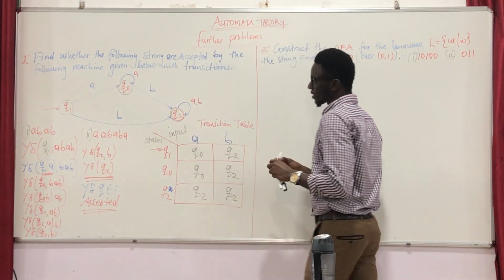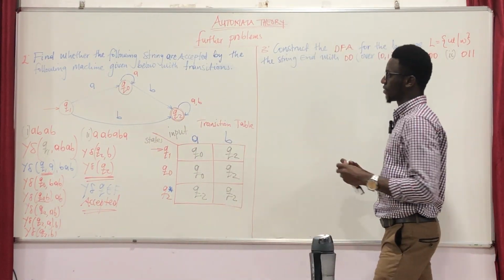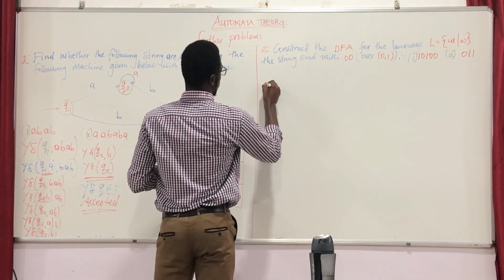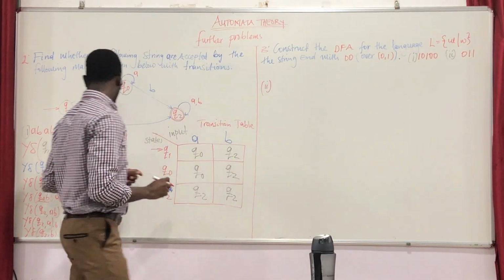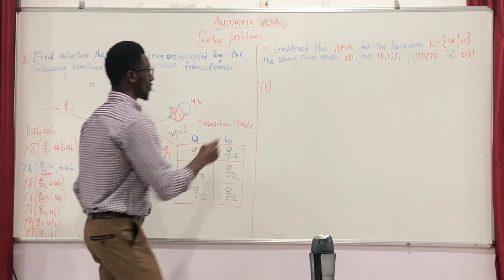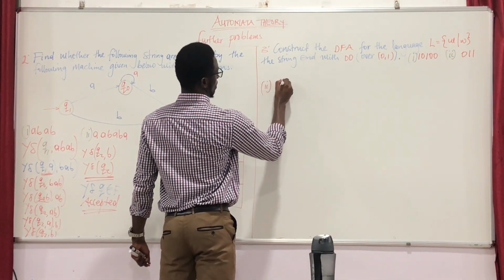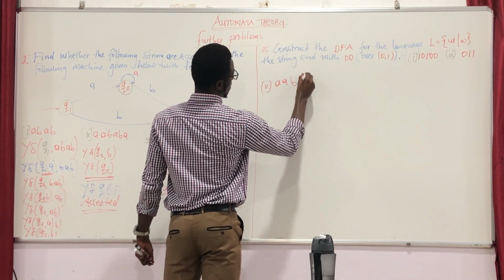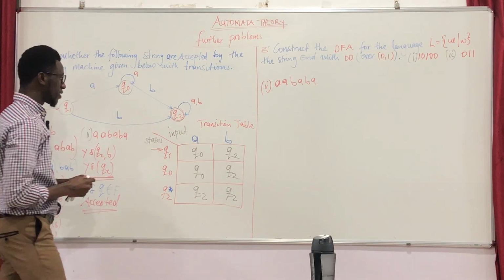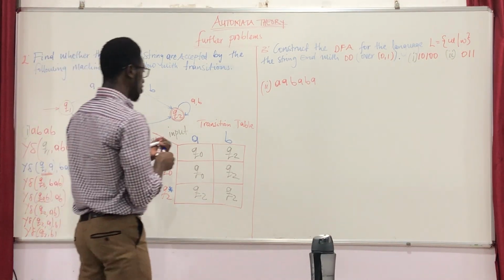The second part says A, A, B, A, B, A. So Roman 2 says A, A, B, A, B, A. Now again, we'll start with our transition.